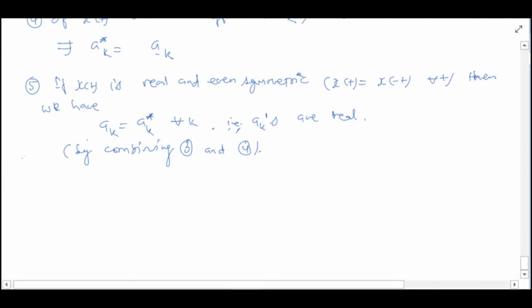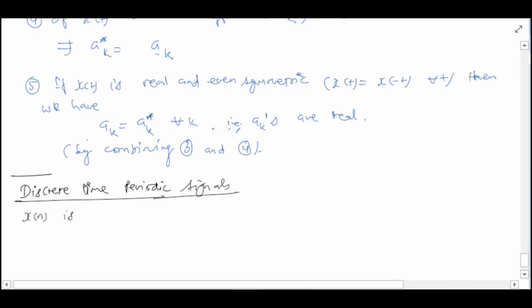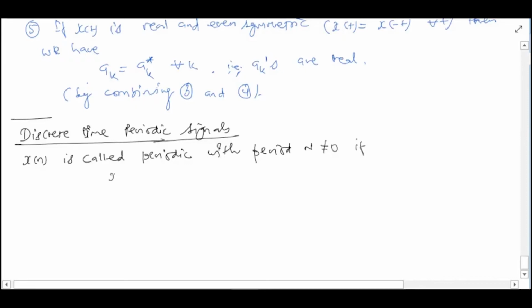So to begin with, let us look at discrete time periodic signals. x[n] is called discrete time periodic with period N, and N is non-zero, if x[n] is equal to x[n plus capital N] for all n.